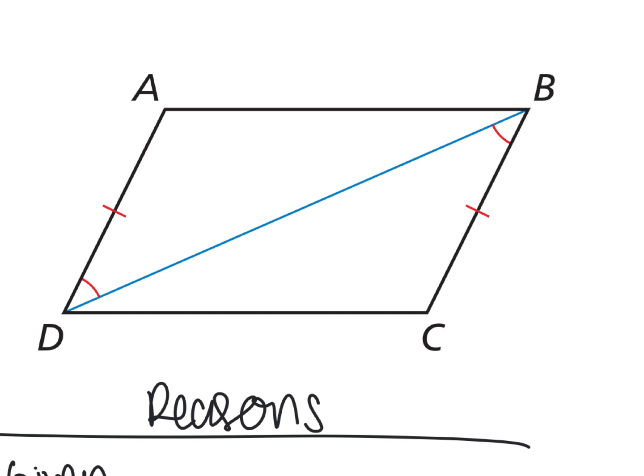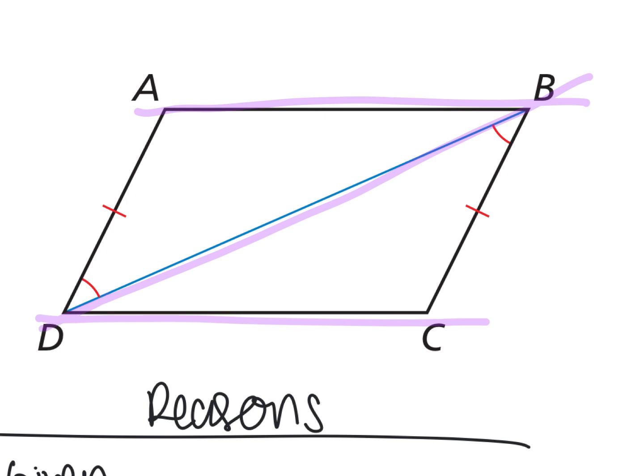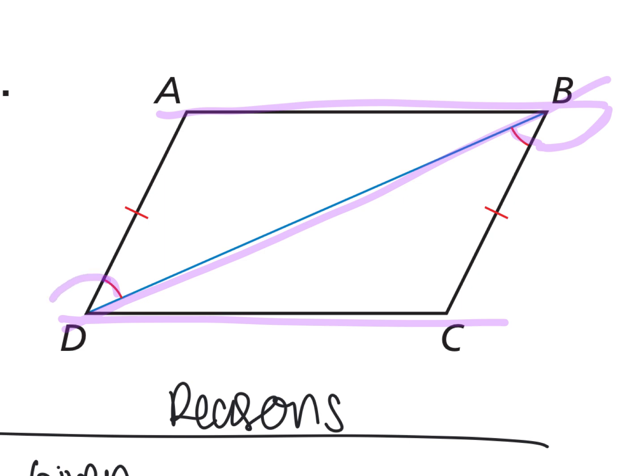So, if I make these sides parallel, and I draw my transversal, these are not alternating angles. Why? Because it's not going all the way to the end. It's not going all the way down. So AB is not parallel to DC. I do not know that. I cannot write that.